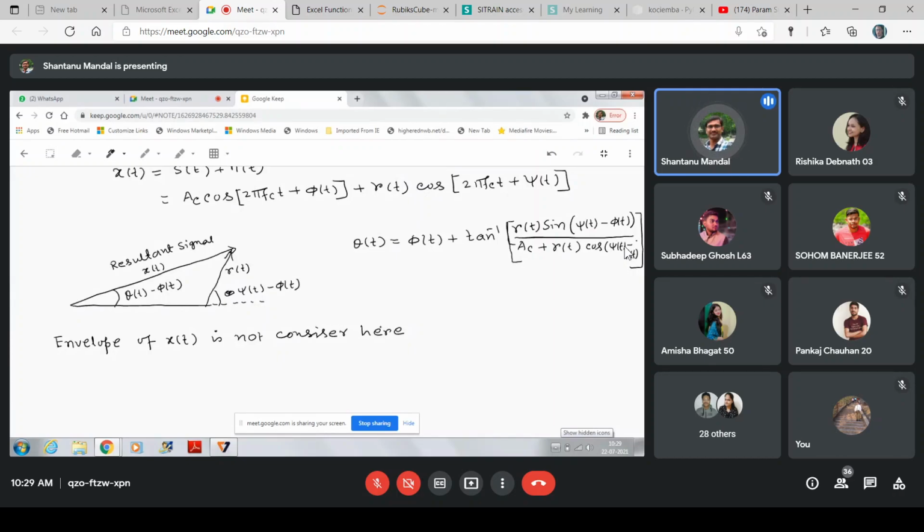So for FM calculation we consider only the phase variation theta(t).